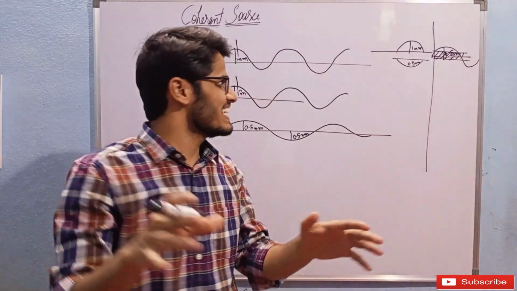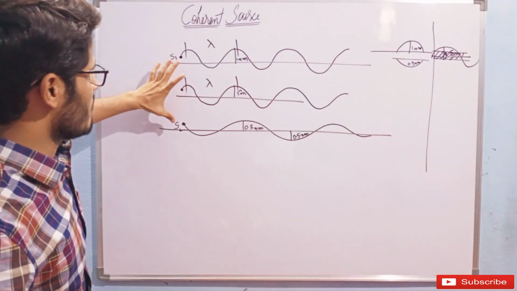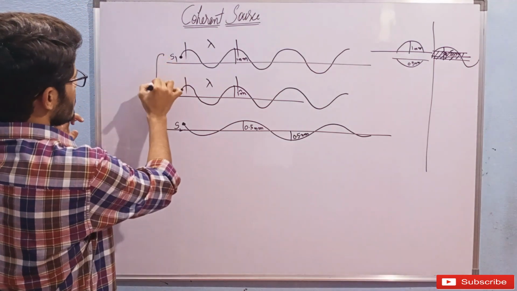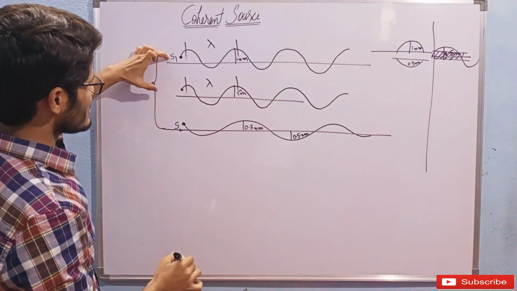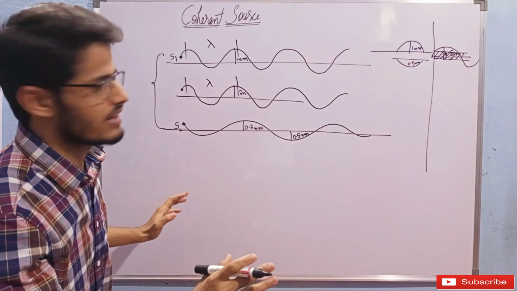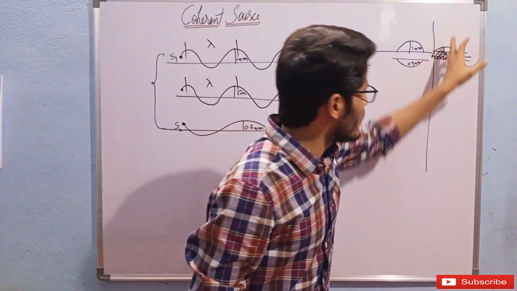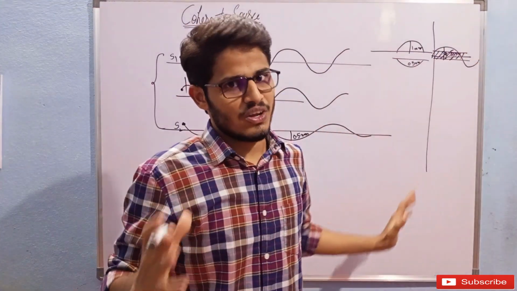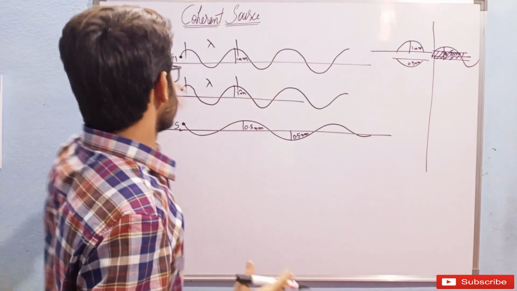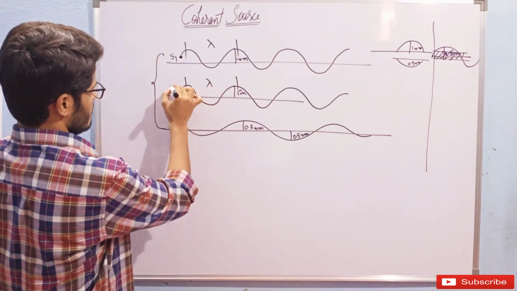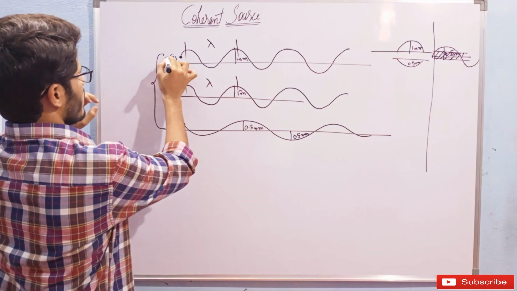If you don't have it, something like this will happen. S1 and S2 are not coherent, so you will not get an interference pattern on the final screen. And S1 and S3, let it be, they are coherent.